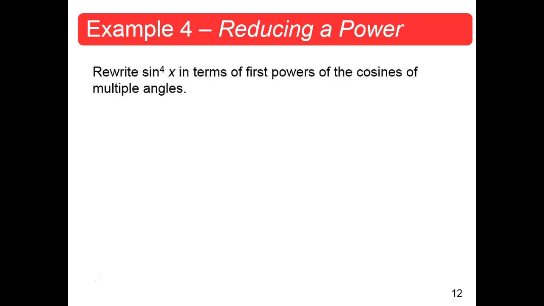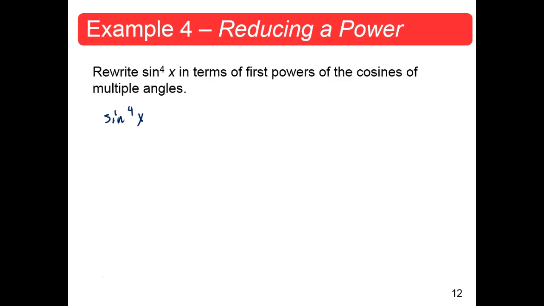Okay. Rewrite sine fourth x in terms of first powers of cosines of multiple angles. Okay. Sine fourth x. Now, our power reducing formula only dealt with sine squareds.